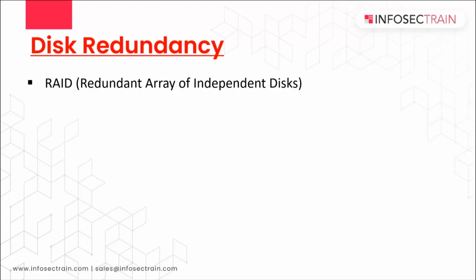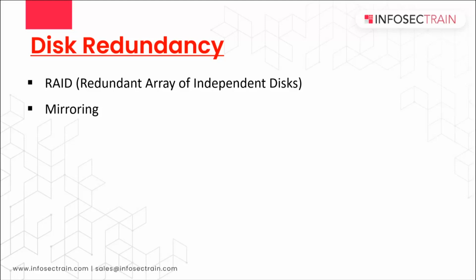RAID is a technology that combines multiple hard drives into a single logical unit, and data is distributed across the drives in a way that provides redundancy and allows for continued operations in the event of a single drive failure, right?